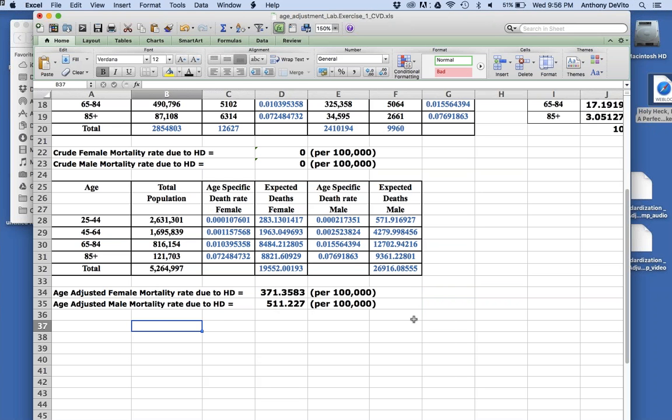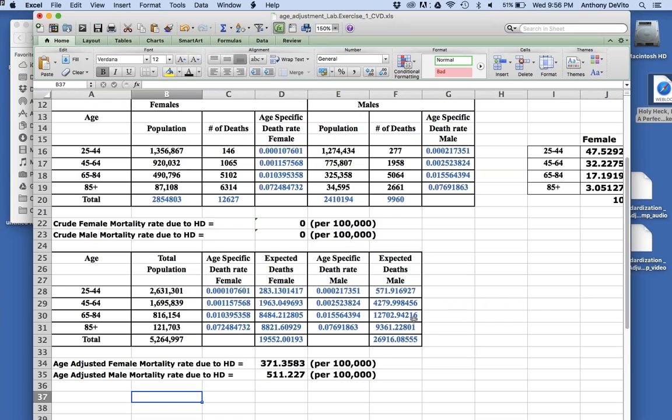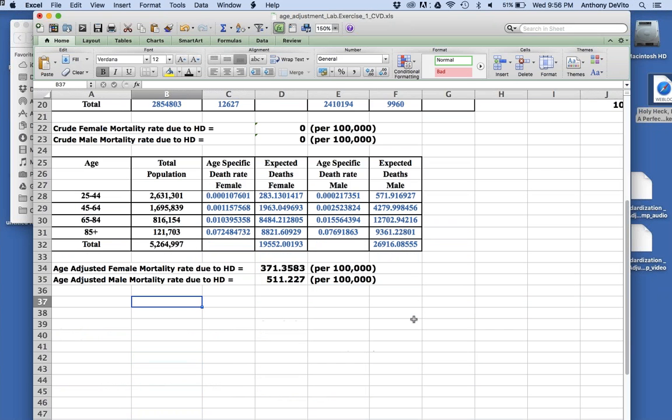So standardization, in this case, standardization based on age, or in other words, age adjustment, is a valuable tool to allow us to understand, or tune out, the effect of differences in the distributions and populations of other variables like age. Okay, so how does that sound?